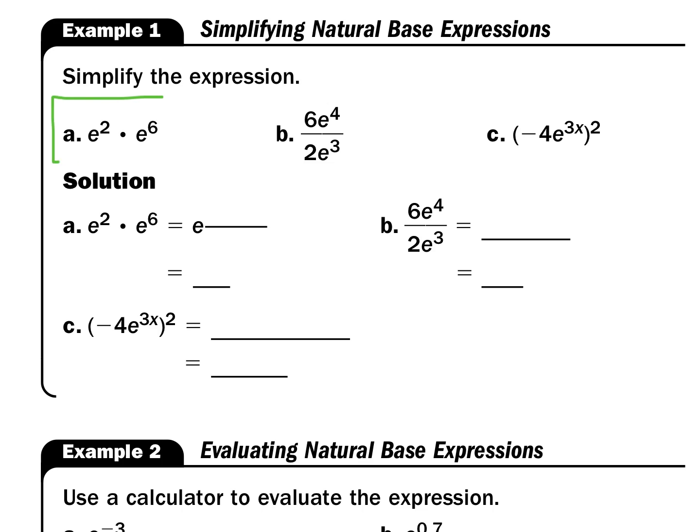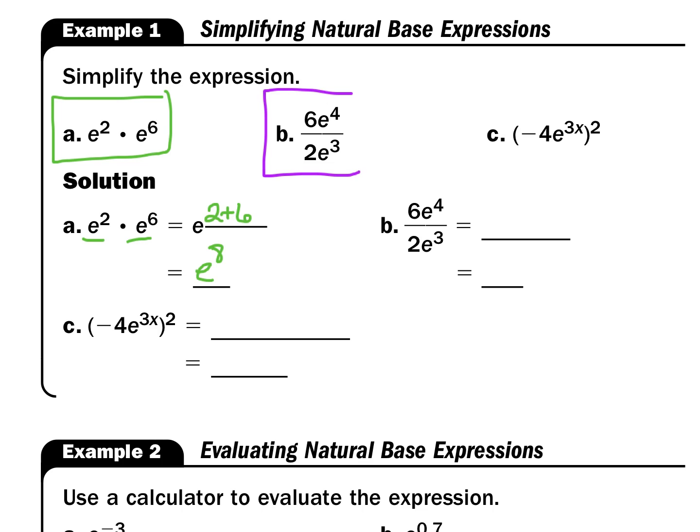We've got a, which is e squared times e to the 6th power. Well, if I multiply two terms that have the same base, all I have to do is add the powers. So 2 plus 6. So e squared times e to the 6th power is equal to e to the 8th power.